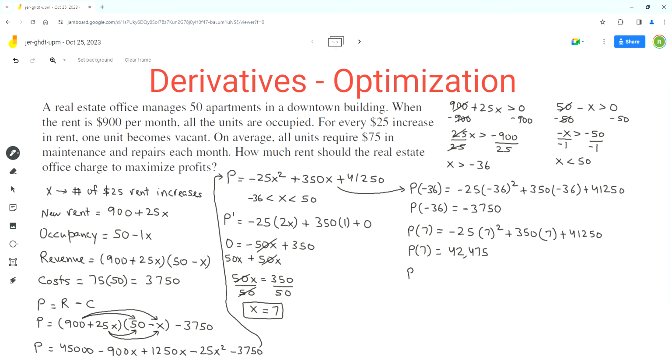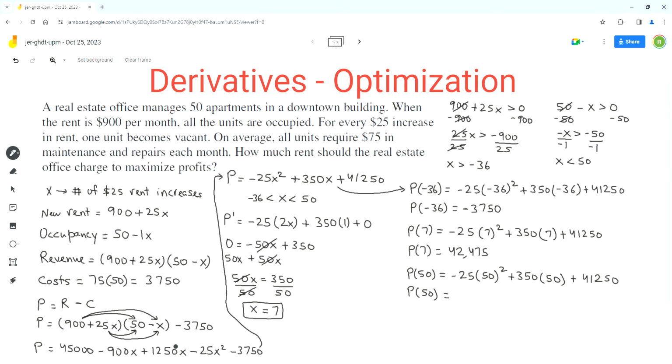And now we have to calculate the profit at 50. So we'll sub in x as 50. So negative 25 times 50 squared plus 350 times 50 plus 41,250. So now we can evaluate this expression, p at 50.